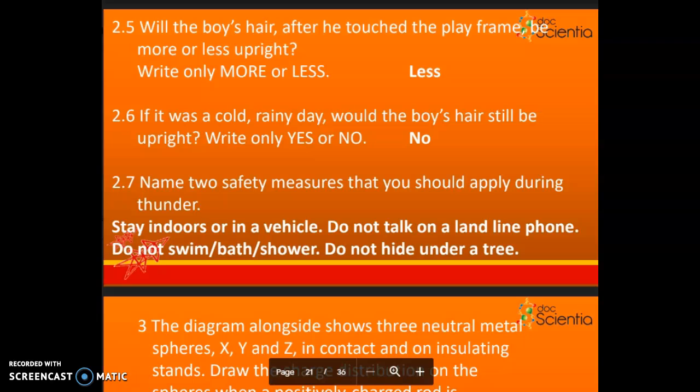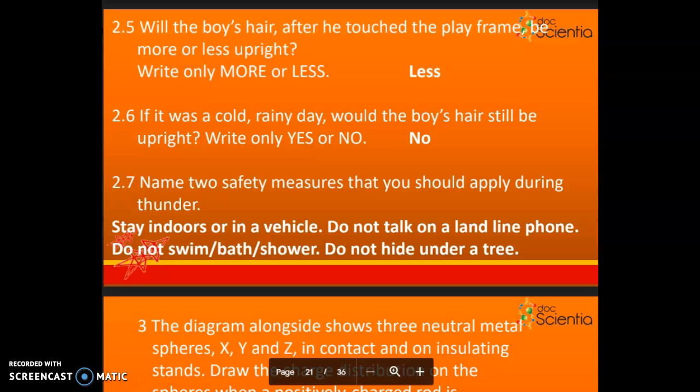2.7. Name 2 safety measures that you should apply during a thunderstorm. So you can stay indoors or in a vehicle, because the vehicle has rubber wheels, and that will prevent the electricity from coming to you.